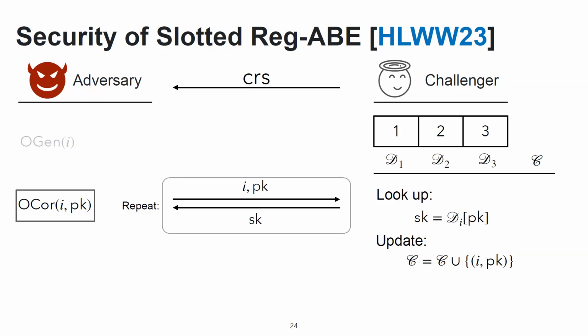In Oracle Corrupt, the adversary can ask for the secret key corresponding to a public key of slot i that was obtained from Oracle Generate. As you see, the challenger will look for the corresponding secret key from the dictionary and record the tuple i and public key into the corrupt set. And the adversary can repeatedly make queries to these two oracles.